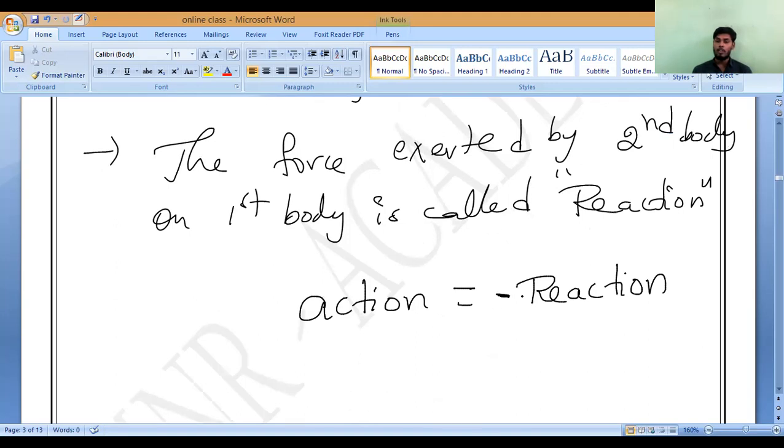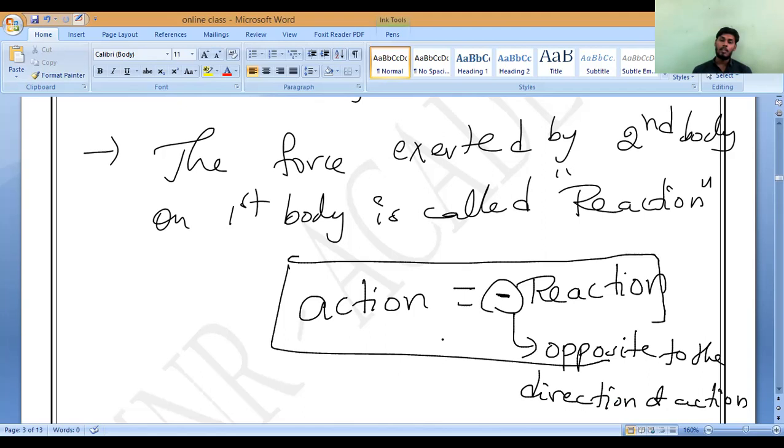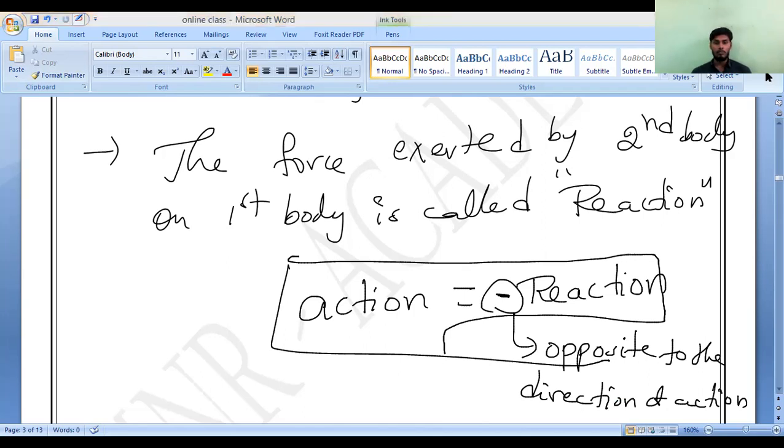This minus indicates opposite to the direction of action. Do you understand, all of you? So if there is an action, then there is an equal reaction. So from this I can say Newton's law of motion: to every action there is an equal and opposite reaction. Is it yes or no?